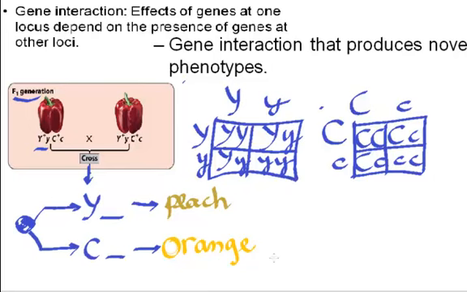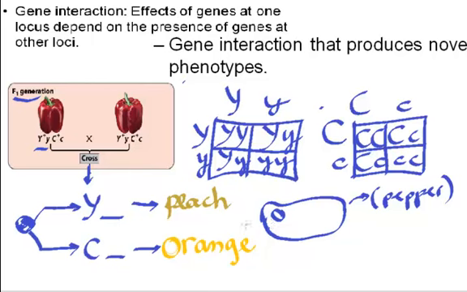Now imagine that you have a painter's palette. That's my representation of a painter's palette. And in this palette, which happens to be the pepper, if you mix your peach color with your orange color, you actually get a red color.